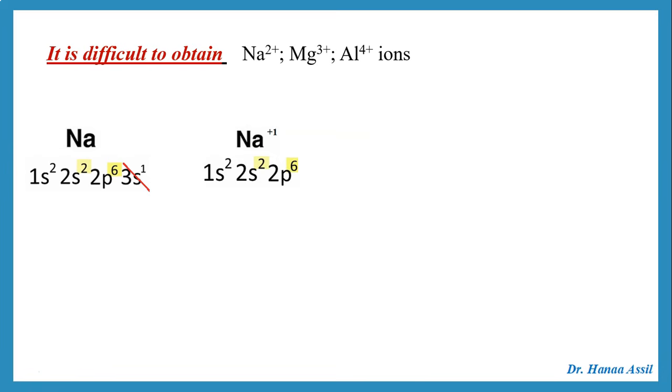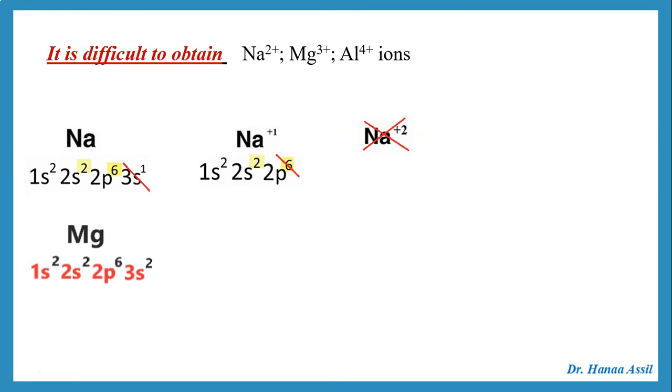But then, if I want to remove another electron from this positive ion, I need to remove an electron from a completely filled 2p sublevel. I'm going into an inner shell that is closer to the nucleus, more strongly attracted, so we'll have a huge jump between the first and the second ionization energies.